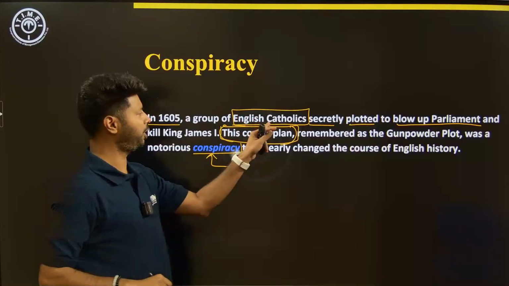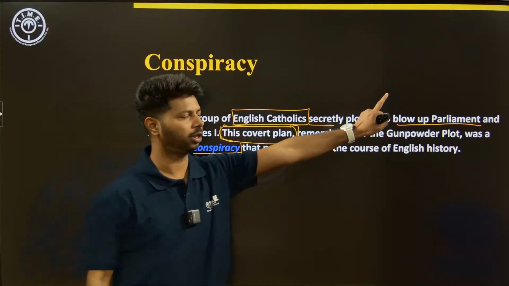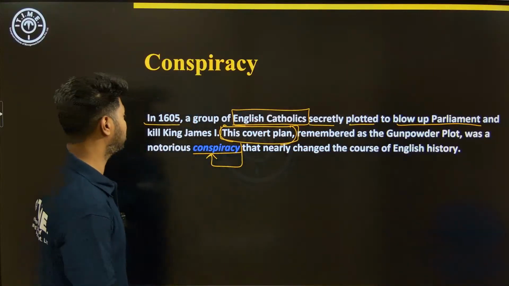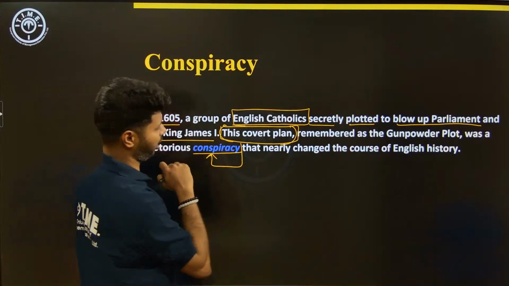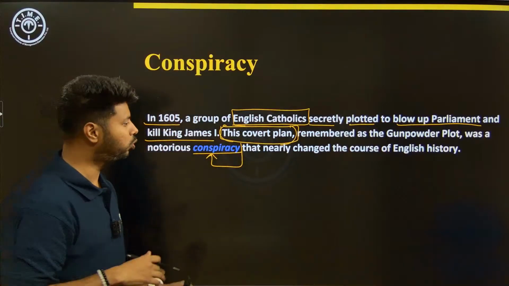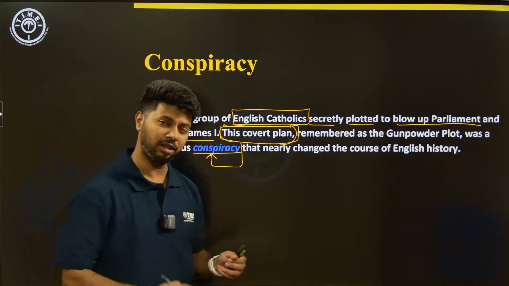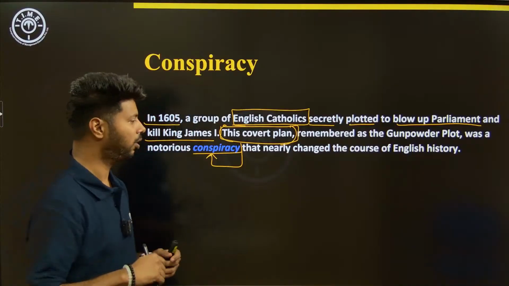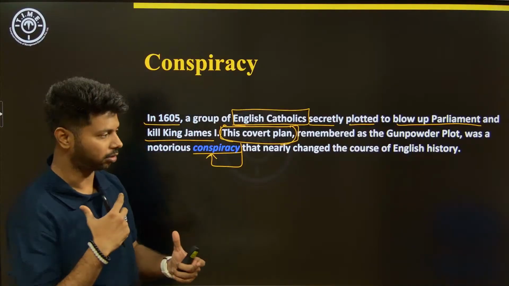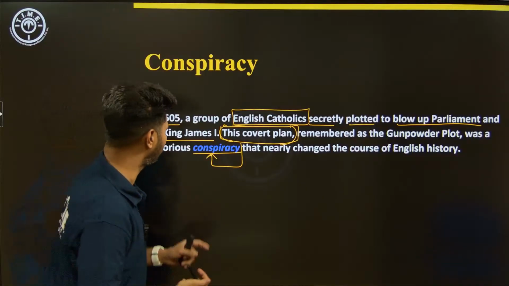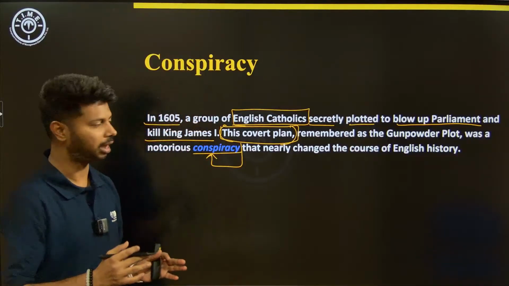A group of people secretly plotted to do something dangerous and massive, going against the king, again in a sense of defiance against a hierarchy, a kingdom, or the king, right? That's the sense that I'm getting.